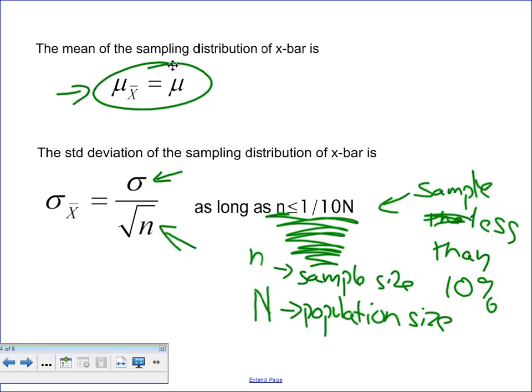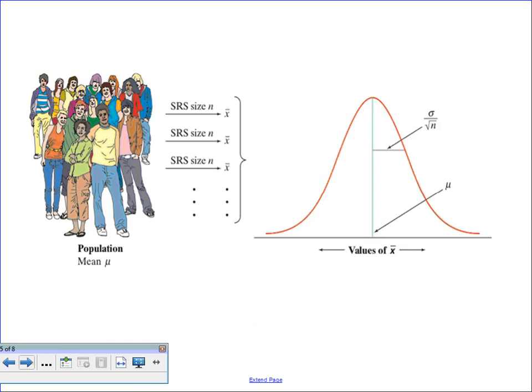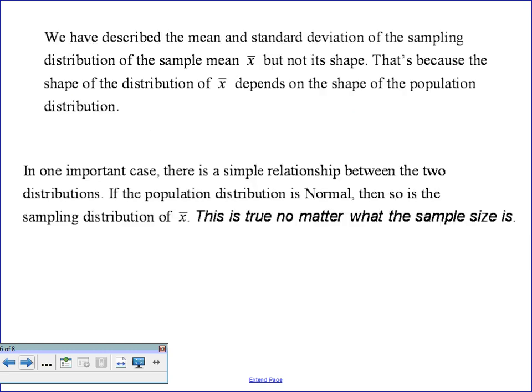So once we have this information, then we can describe the sampling distribution, the center and the spread, but the shape gets a little tricky here. Is the shape approximately normal? Well, the reason that we don't talk about the shape yet is because it depends.